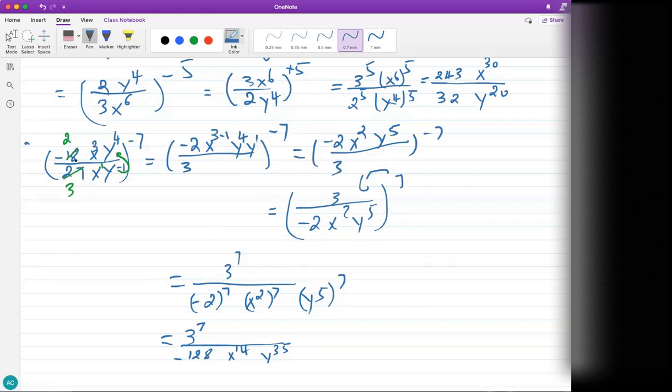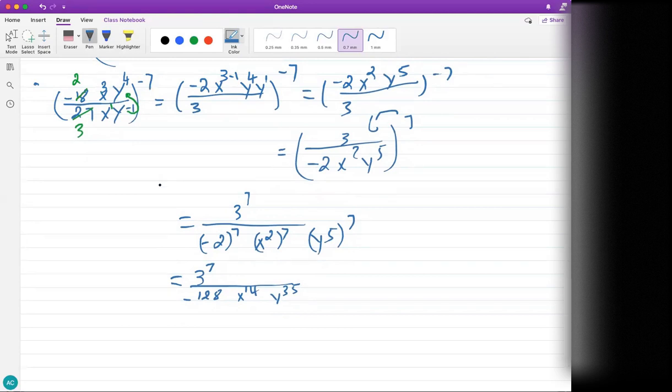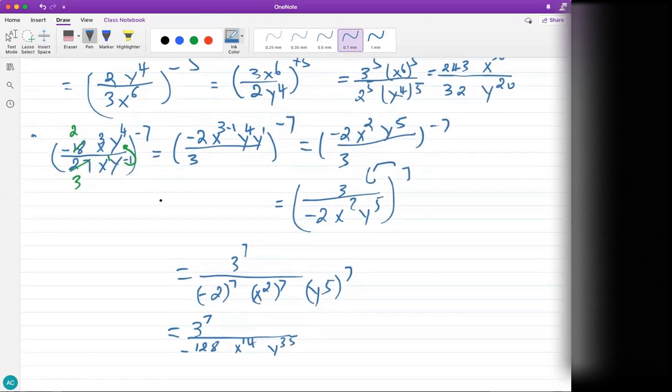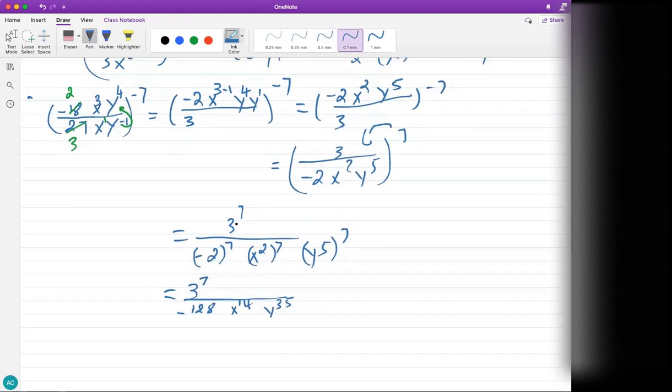Work inside the parentheses and then distribute the power. What is this? 3 to the 7th power? Yep, 3 to the 7th power. So again, start inside the parentheses first, everybody. And later, distribute the power.